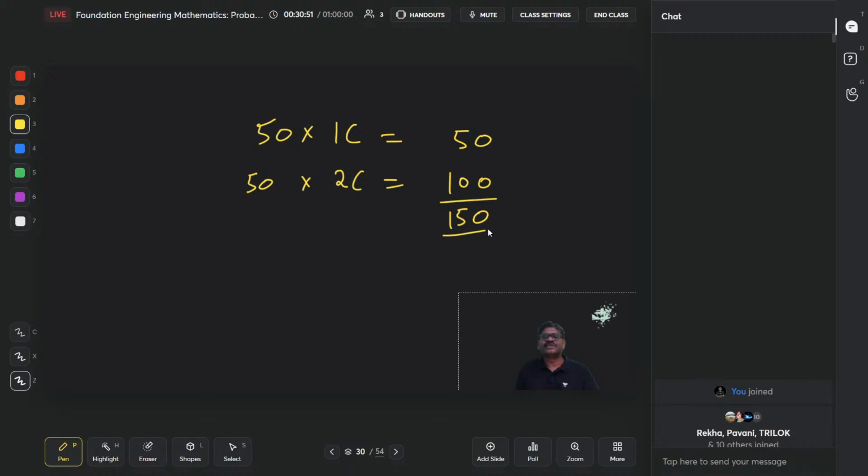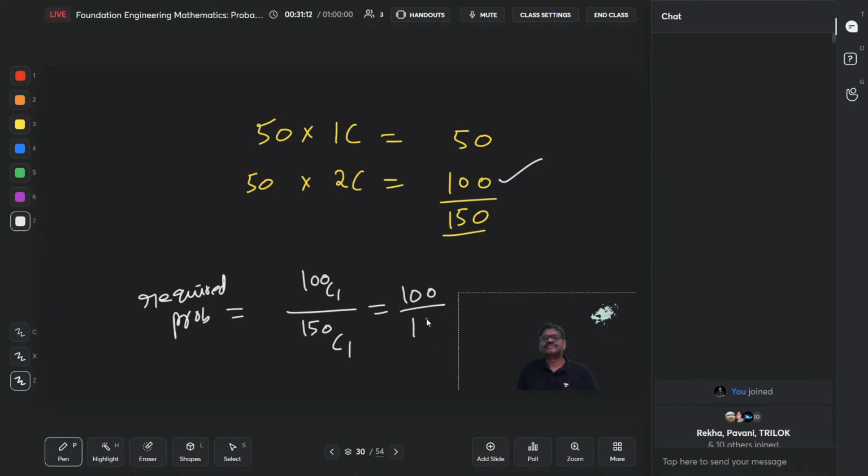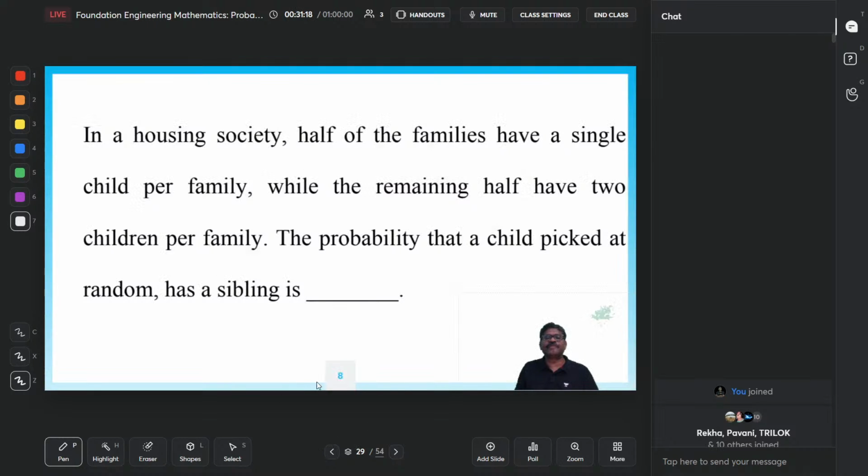From this 150, one child is picked up at random. Favorable cases are 100C1. So 2 by 3 is the required probability.